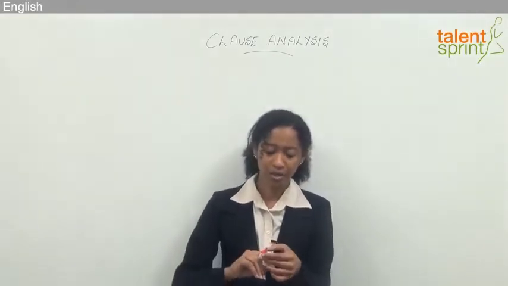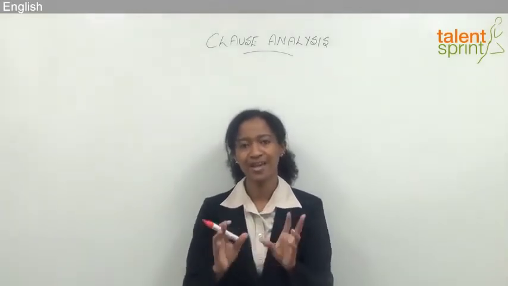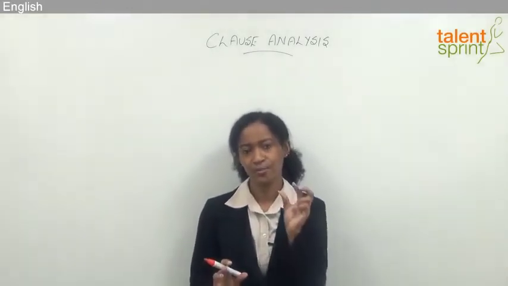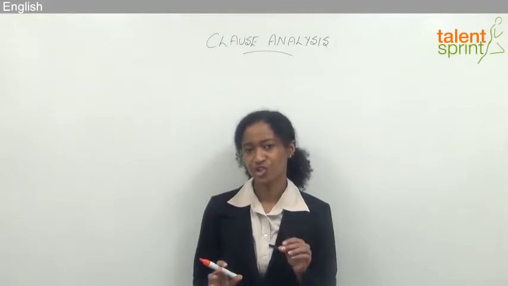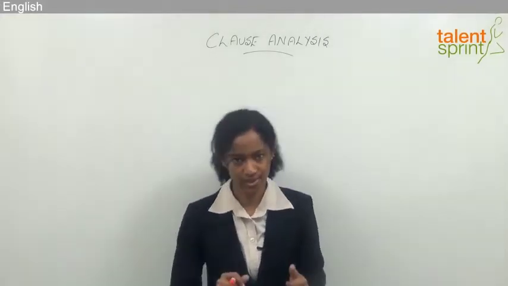Now, the subordinate clause functions as a noun, adjective, and an adverb in a sentence. So on the basis of the function in a sentence, subordinate clause can be divided into three kinds. What are they?